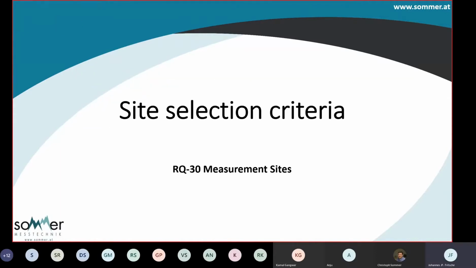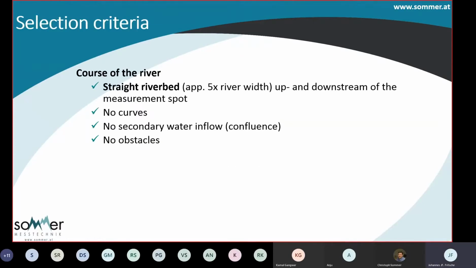So first of all, the site selection criteria. And the first one, when you come to a measurement site and you try to find out where do I put up my instrument, you look at the course of the river. You go up and down the river and look for a good place where to install your instrument.